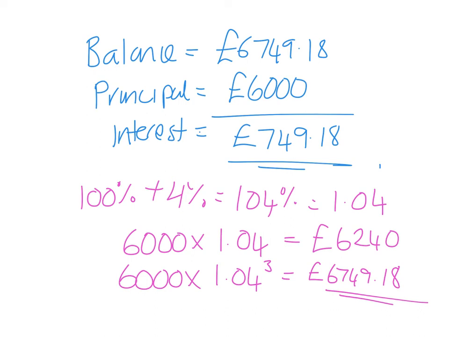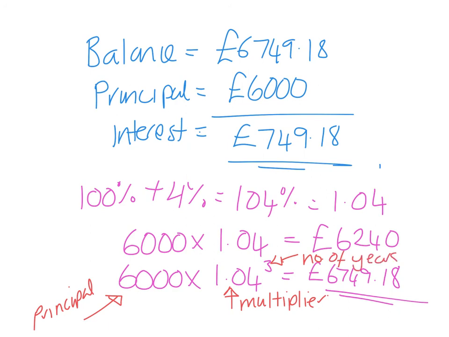So the key things that you need to remember here, this 6,000 is the principal. So that's what you started with. This is what we call the multiplier, and we have done this in class before. And the power here is the number of years in this instance. Sometimes you might be working with months, but here we're working with years.